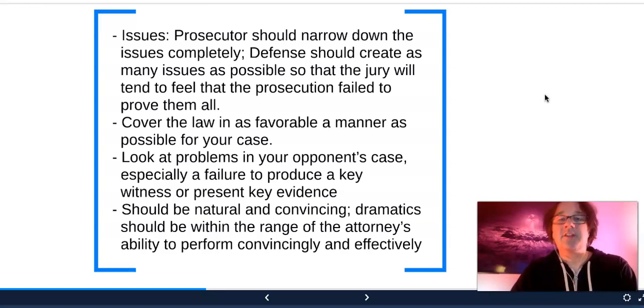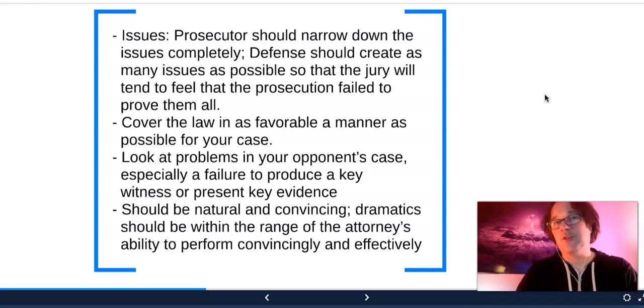The closing statement should be natural and convincing. When we talk about dramatics, it should be within the range of the attorney's ability to perform them convincingly and effectively. So if you want to start dramatic or say emotional, make sure it's something that you can do effectively and convincingly.